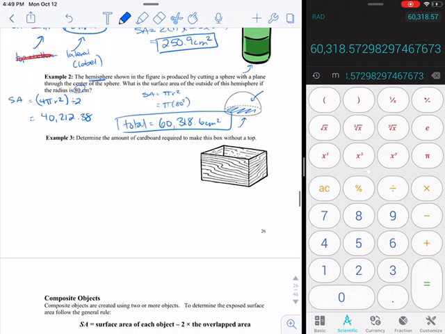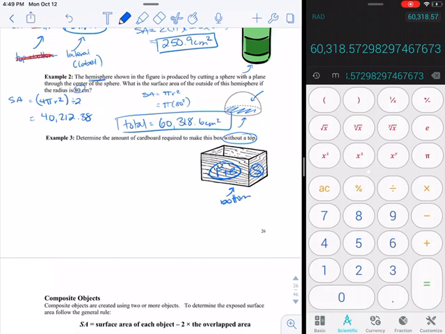All right. Determine the amount of cardboard required to make this box without a top. Okay, so we have the front and back that are going to be the same. We have the sides, which are the same, but then we have the bottom, which is all by its lonesome.